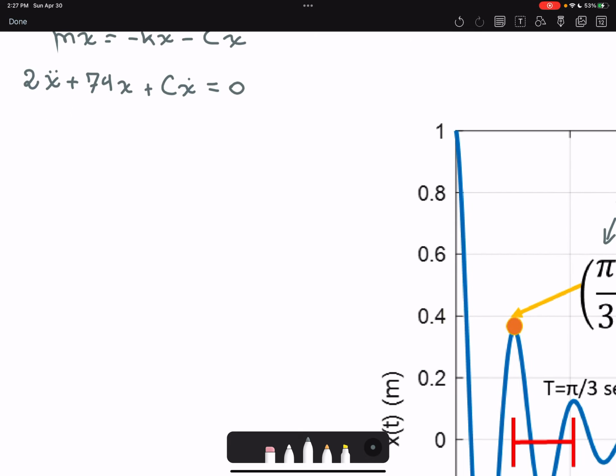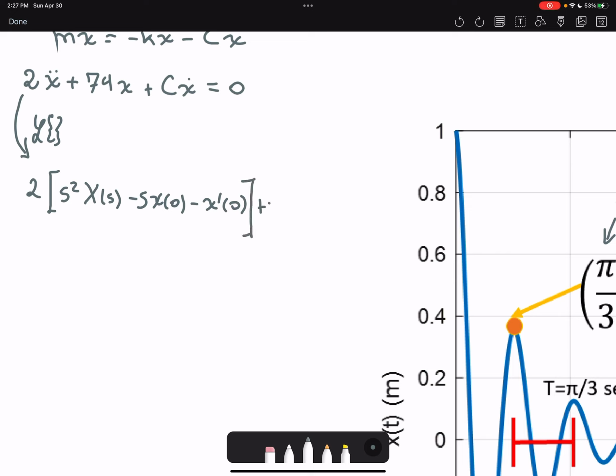equals 0. Now I can apply the Laplace transform on both sides, and I get 2 times s squared big X of s minus s times small x of 0 minus x prime of 0.